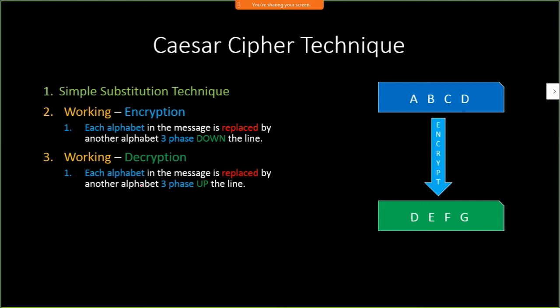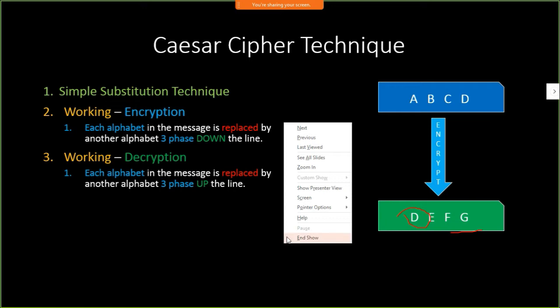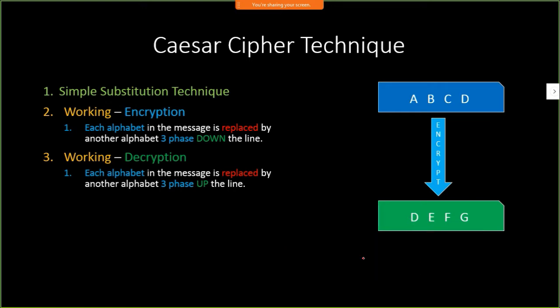So how does it work? If the text is ABCD, then 3 places down from A, that means after A, B, C, D. So we replace A and we get D. And B, what is the replaced value of B? 3 places down, C, D, E. That is E. So in this process, A is replaced by D, B is replaced by E, C is replaced by F, and D is replaced by G. That is how it actually works. And in the same way we decrypt it, 3 places up.